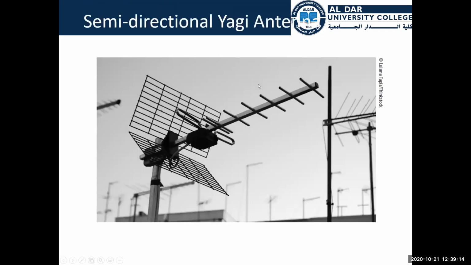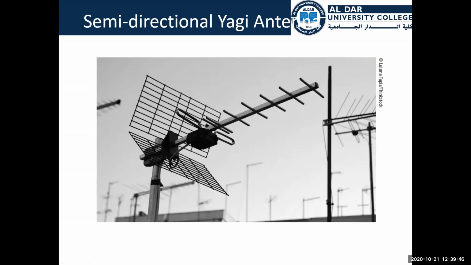Here, this is a semi-directional antenna; they call it a Yagi antenna. If you see this bar here, it is just like an arrow: the direction of these radio waves is directed to the right-hand side. On the left-hand side, there is no signal, or the signal is very weak.